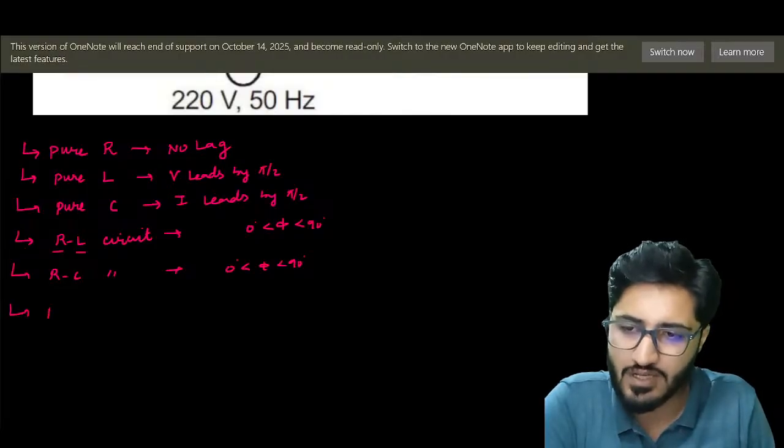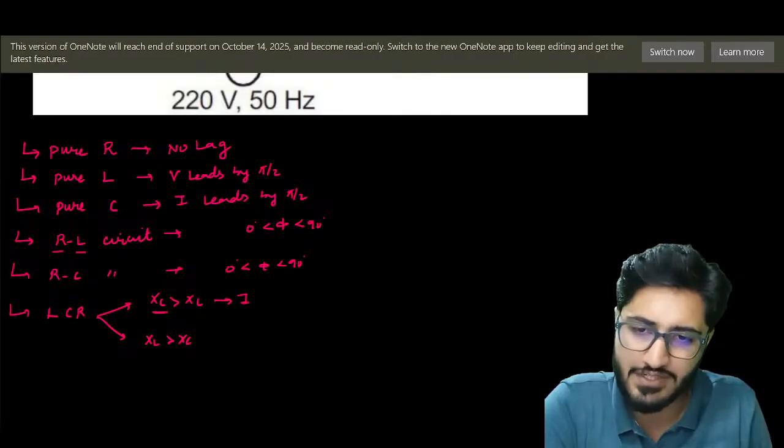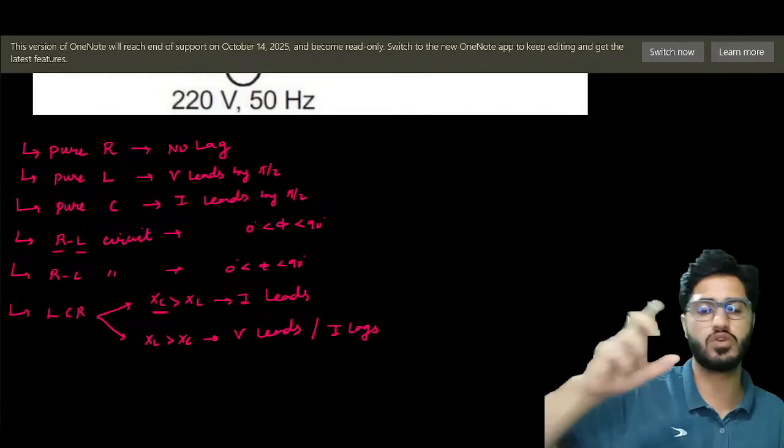If you are discussing LCR, in LCR two components are there. If XC is more than XL, that means capacitor is more, current leads. If XL is more than XC, that means V leads or I lags. So this thing you need to keep in your mind.